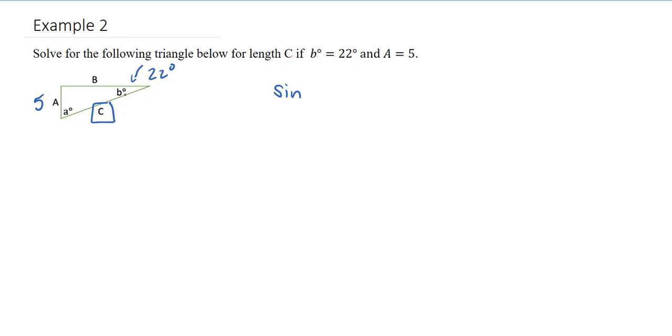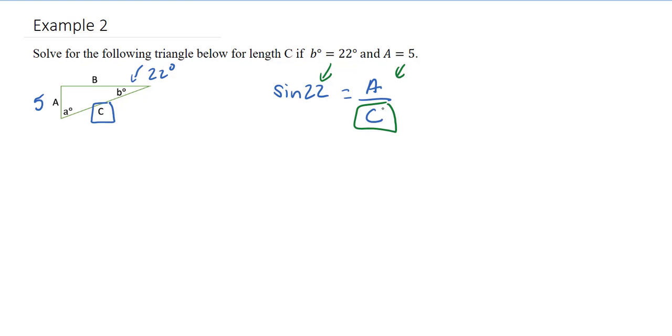The sine of B, which is 22, is the opposite over hypotenuse, so that's A over C. Now we know what A is, and we are looking for C, so we don't even have to go any further. We know that this is the right function to use. So let's solve for C.